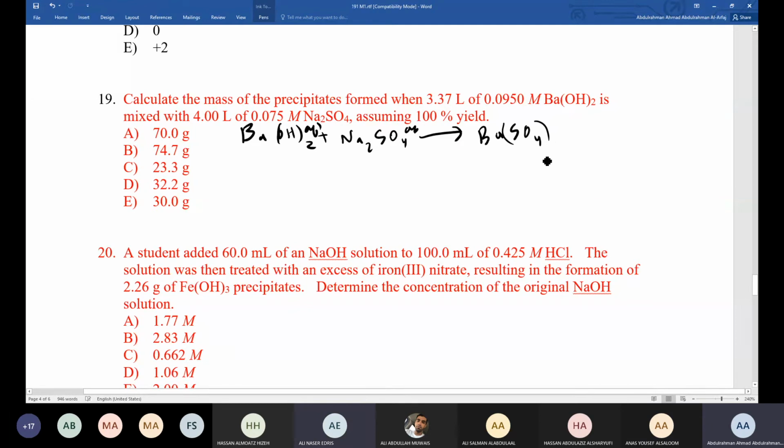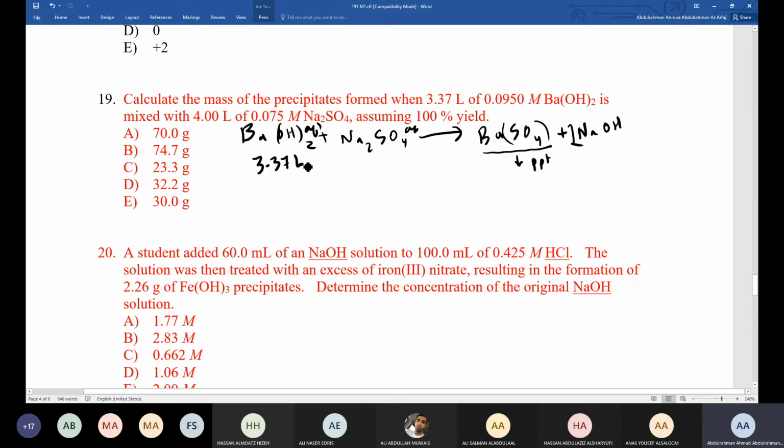Plus NaOH. Yes. NaOH, multiply by 2. Exactly. All right. And this will precipitate.